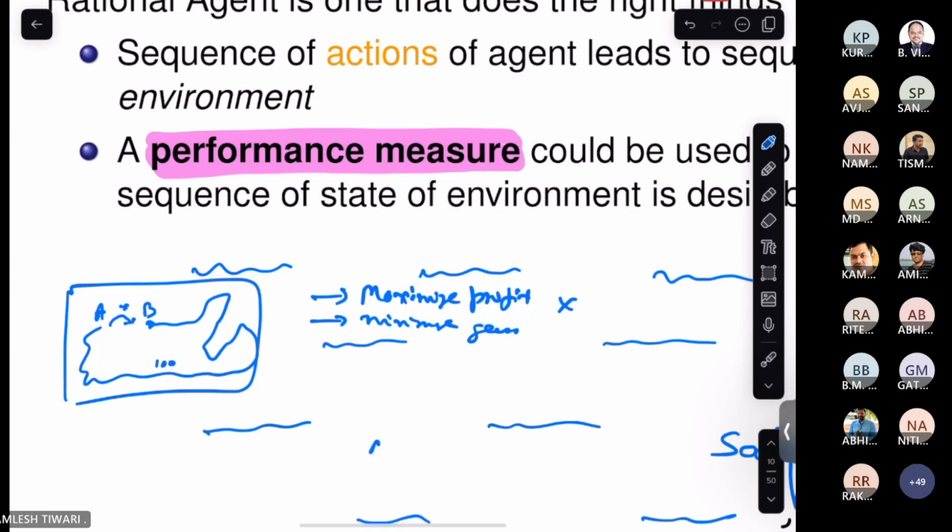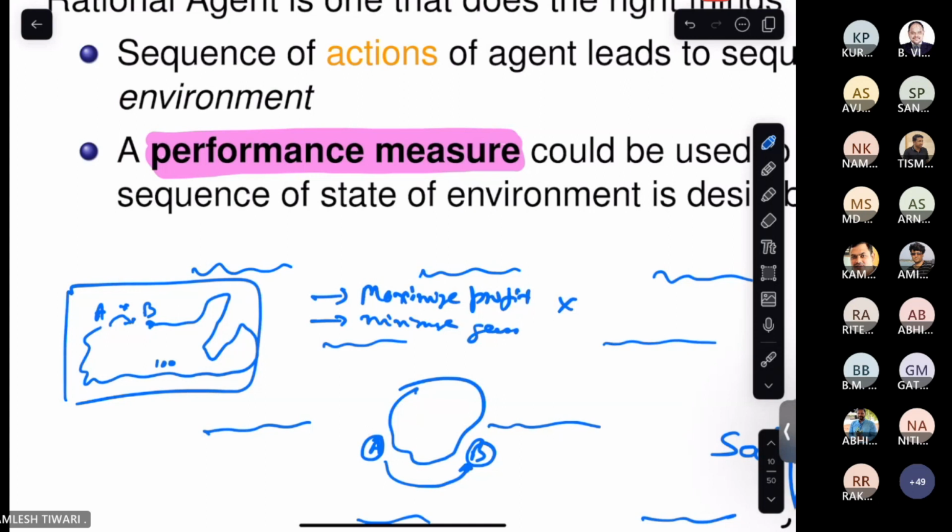It may be possible that from A to B there is a long route. I experienced this when I went to the BITS Pilani Hyderabad campus. From the airport to the BITS Pilani campus, there is a long route. The city of Hyderabad is like this, and outside there is a circular road. So if you go from here to here, it would be faster.